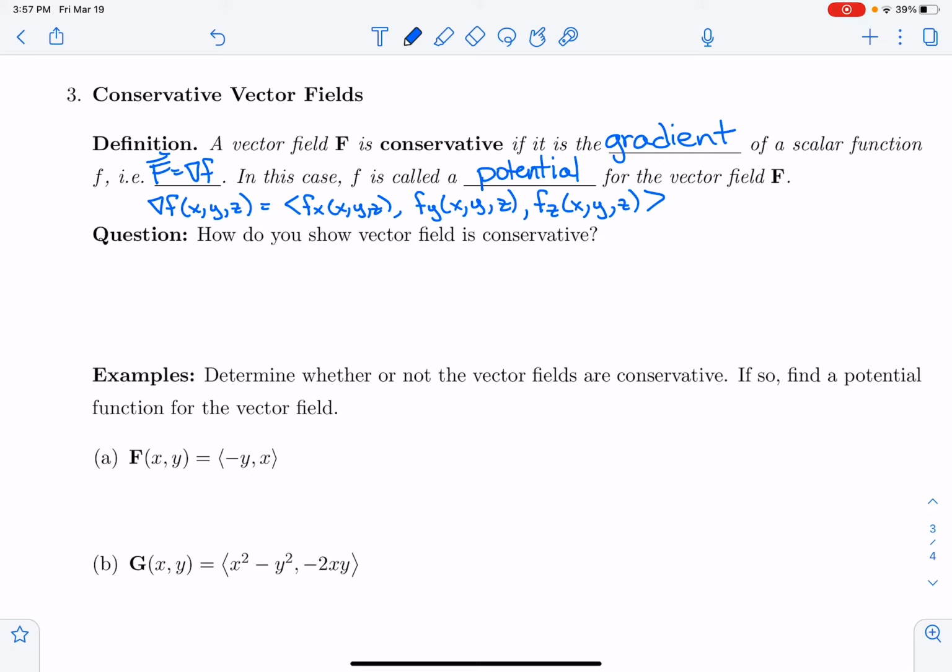If we want to show that a vector field is conservative, we want to show that that vector field must be the gradient of some function f. So if my vector field capital F, which say is P, Q, we'll just do it in 2 dimensions, is conservative, then it must be the partial derivative of f with respect to x and the partial derivative of f with respect to y.